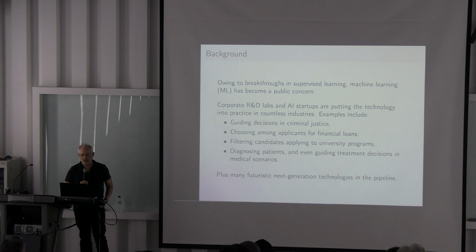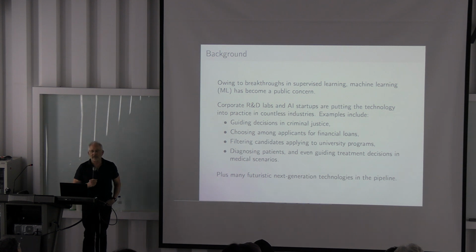They use machine learning to guide decisions in criminal justice. I know that that's the situation in the US and North Korea. A lot of people use machine learning to choose among applicants for a loan in a bank. We use it to filter candidates for university programs. And we use it in health science, diagnostics. So many applications of machine learning.